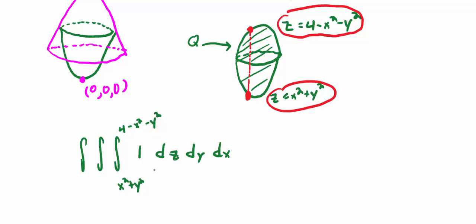Now, the rest of it you get by projecting this weird-looking egg shape down onto the xy plane, and that becomes your region of integration corresponding to the outer two limits of integration. It's just like a double integral at that point.